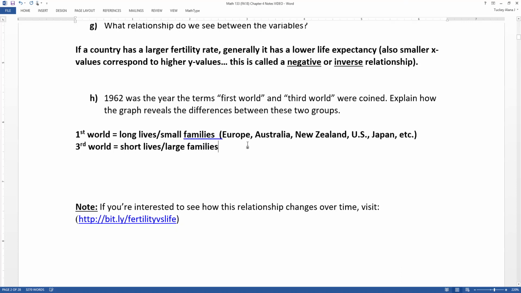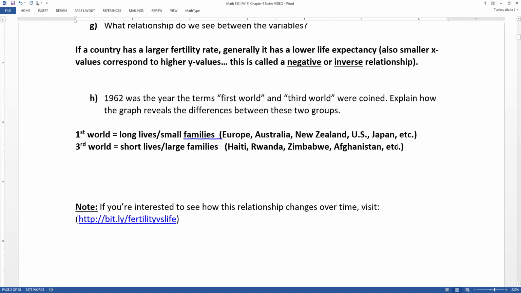And then the third world countries would have been, for example, sub-Saharan Africa, Haiti, sub-Saharan African countries, so Zimbabwe, Rwanda. I can just pick some. Of course, Afghanistan is in the mix there too. Afghanistan has historically been a very poor country.